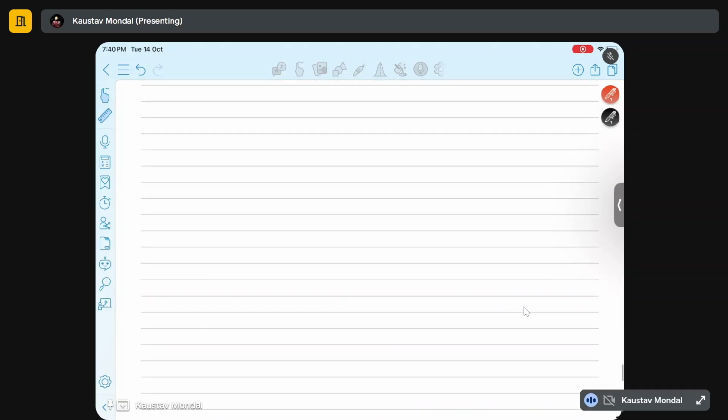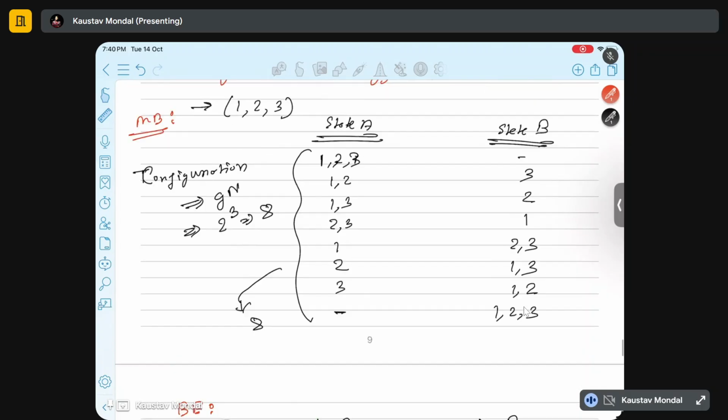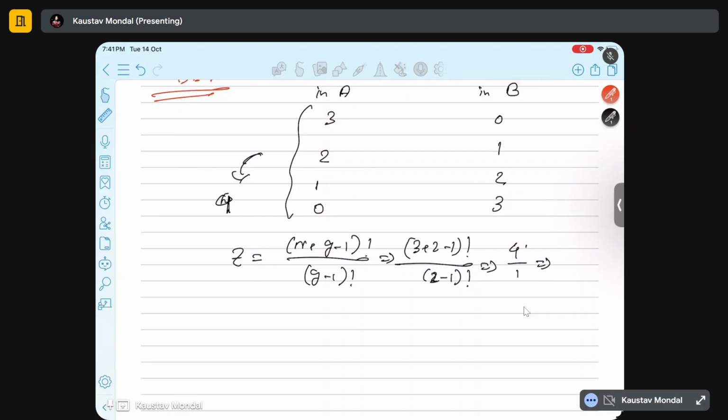The formula looks like this: the number of distributions Z is given by (n plus g minus 1) factorial by (g minus 1) factorial. If you do it, it gives you (3 plus 2 minus 1) factorial by (2 minus 1) factorial, so 4 by 1, that gives us 4.